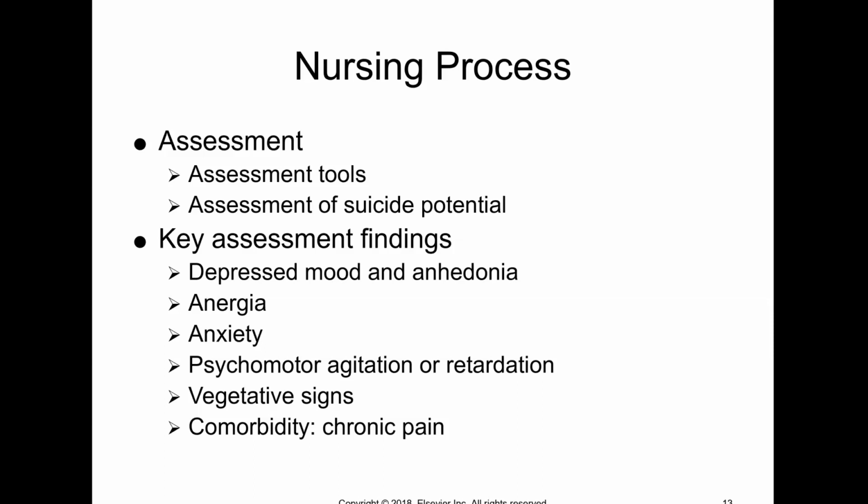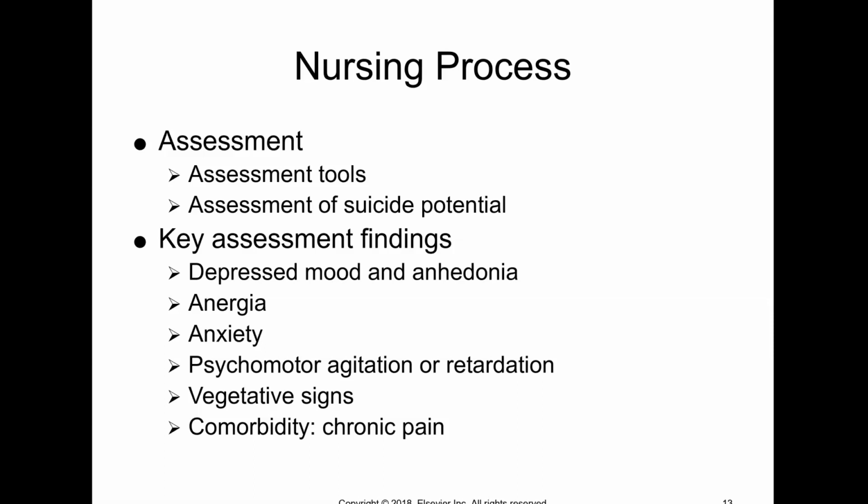And vegetative signs would be things like laying in bed, not engaging, not getting out of bed to attend one's ADLs, just kind of laying on the couch under a blanket and staring at the TV, being essentially nonverbal. Those would all be vegetative signs. Think of someone who is almost like comatose, just kind of laying there staring.